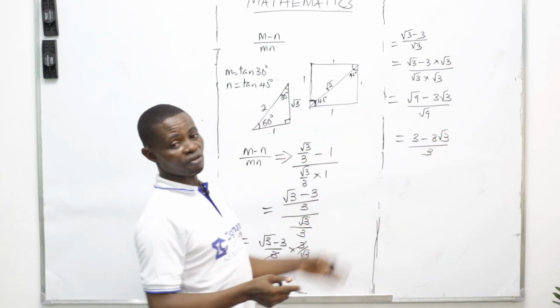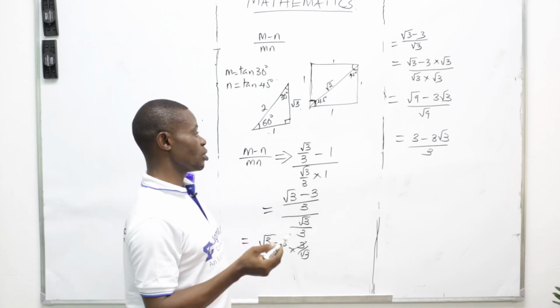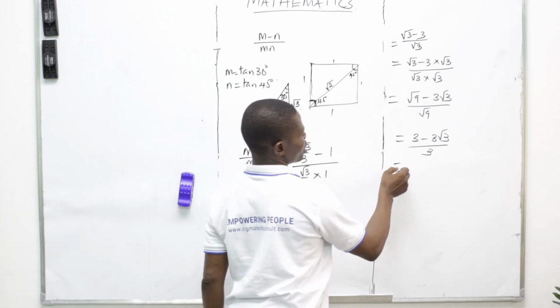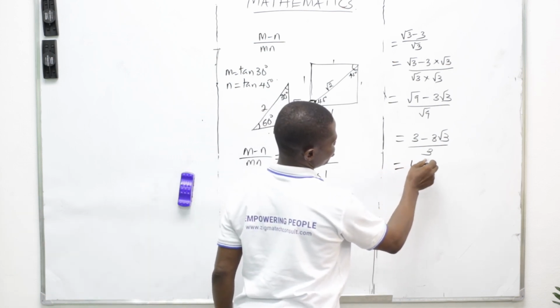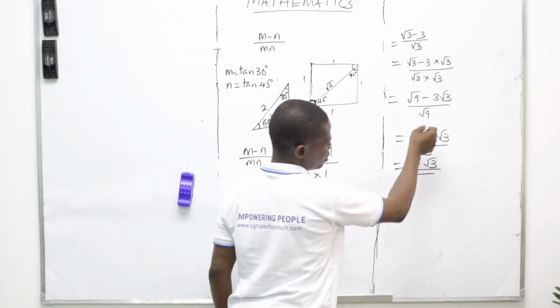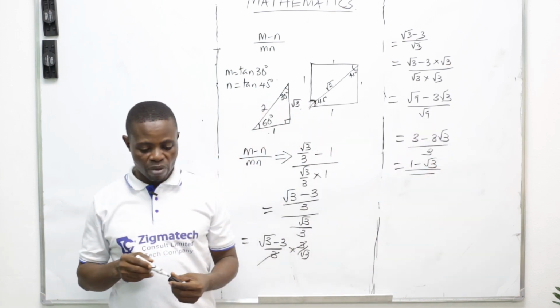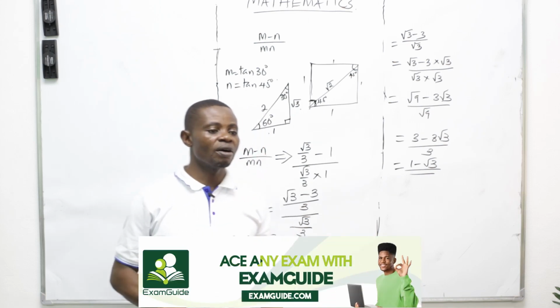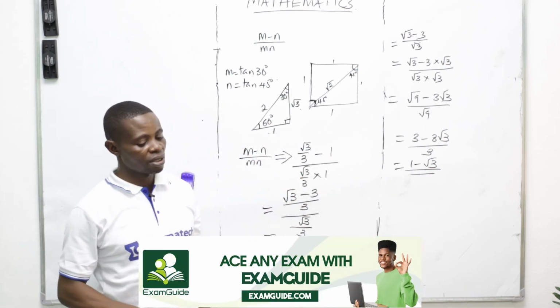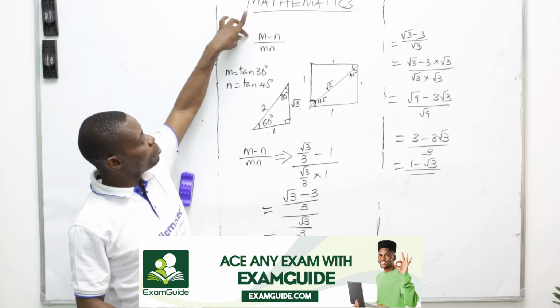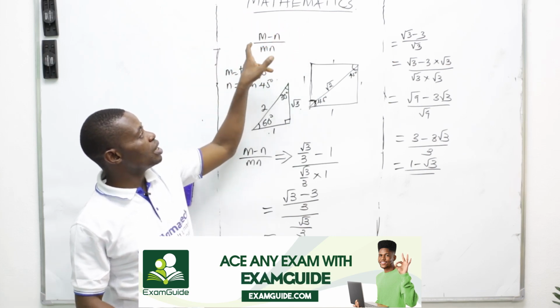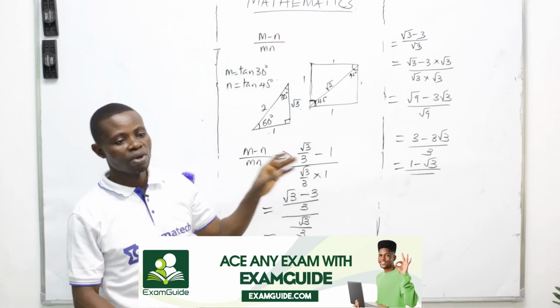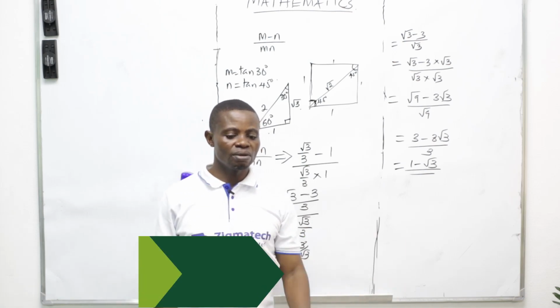That is, square root of 9 is 3. If you divide through by 3, you will have 1 minus root 3. Therefore, M minus N all over MN equals 1 minus root 3.